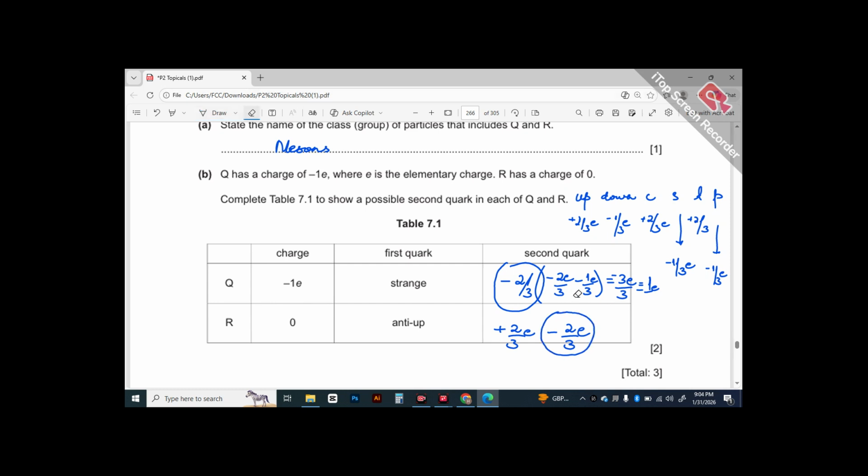Now, just be very careful about what the examiner is asking you to do. The examiner is asking you to write the name of the second quark.